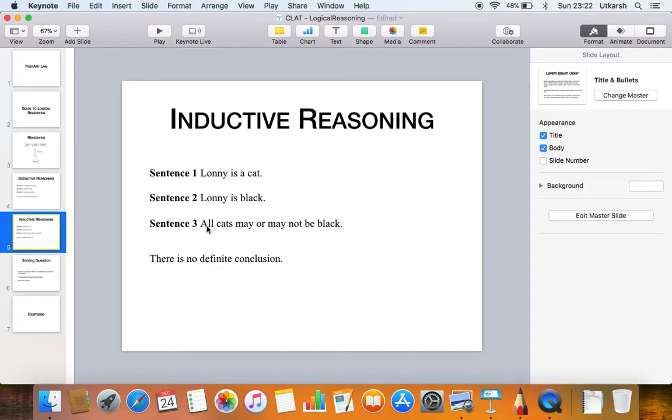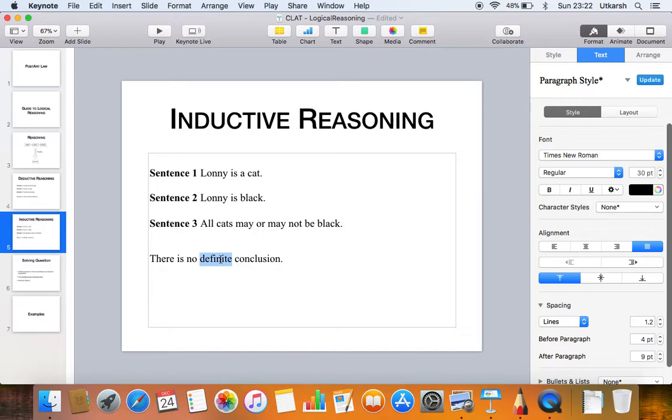So this is wrong. There is no definite conclusion about all cats, but what you can be sure of is something like some cats are black. Why? Because Lonnie is black and Lonnie is a cat, so some cats definitely have to be black.